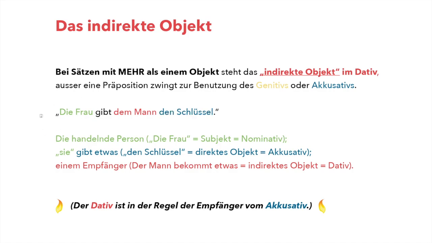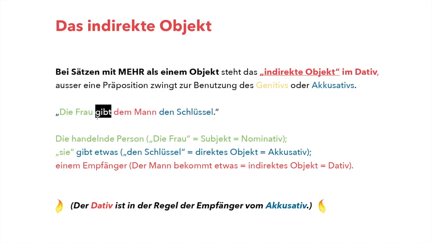Okay, now, first of all, we ask about the person who is acting, the subject. Who is giving in this case? Who or what, wer oder was. This is how we proceed in order to find the subject. So who is the acting person here? It is the woman. So the woman, die Frau, is the subject in nominative.